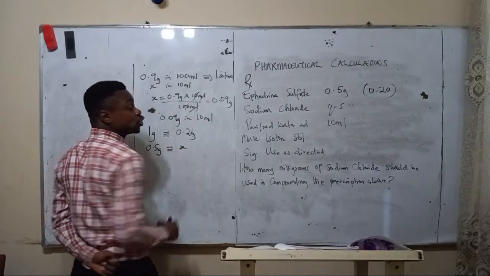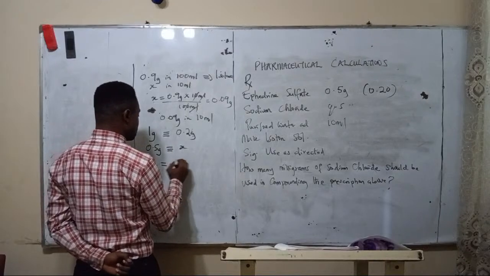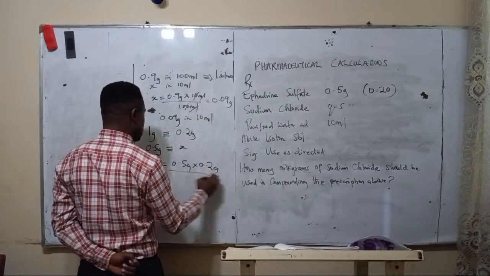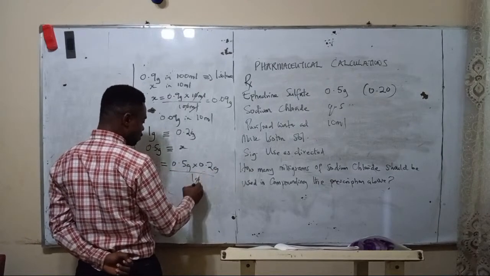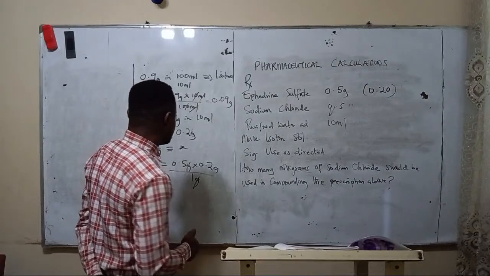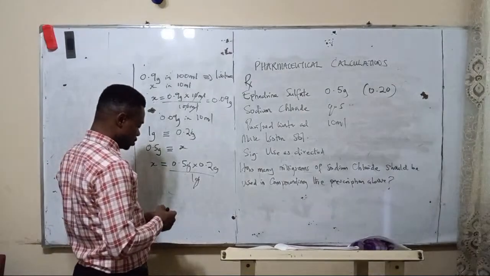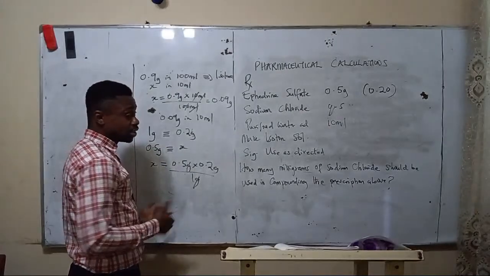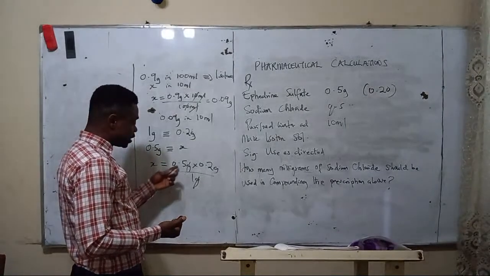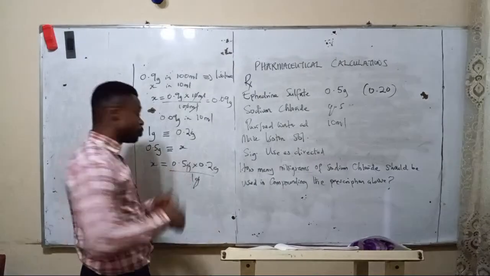The answer is 0.5 gram times 0.2 gram all over 1 gram. Gram will cancel gram. 0.5 times 0.2, that means half of 0.2. Because this is 1 over 2 times 0.2, half of 0.2 is 0.1.